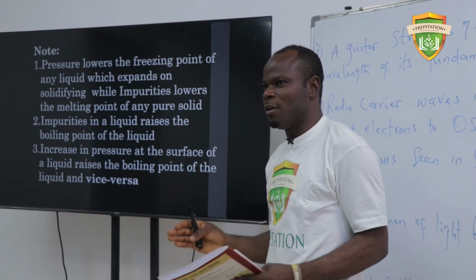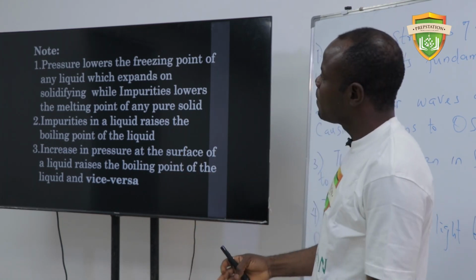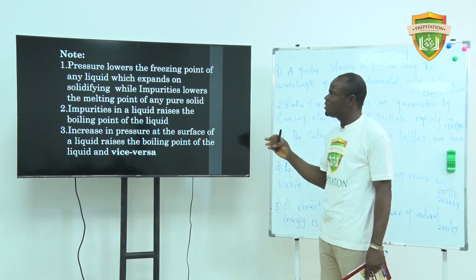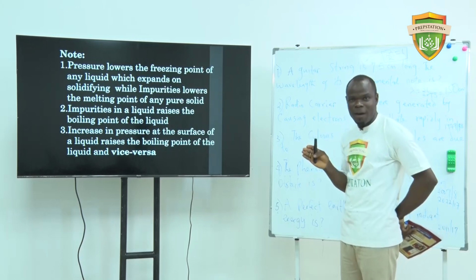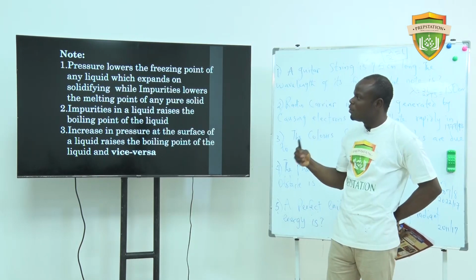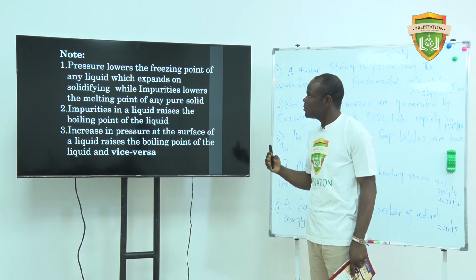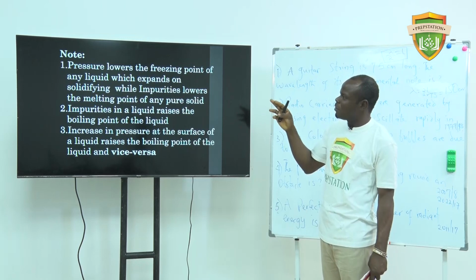Now, note, let's look at this. This can be a question, but I am taking it as a point of note in this class. Pressure lowers the freezing point of any liquid. It's a form of fact. Once there is pressure, then the freezing point will be lowered. That's of liquid which expands on solidifying.